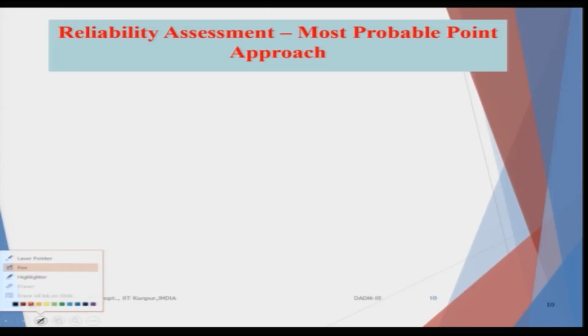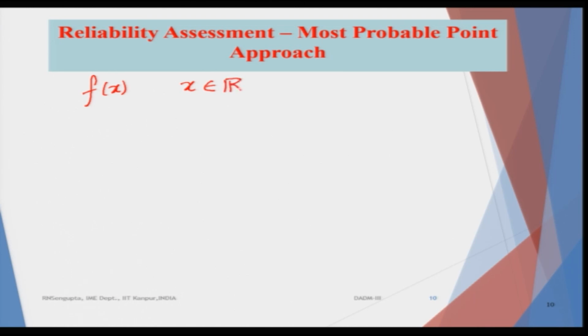Now, what is the background for that? The background is the simple CDF, the cumulative distribution function. The story goes like this. Consider you have f of x, univariate first, and we will go to the multivariate case within a few minutes, and x is on the real line.